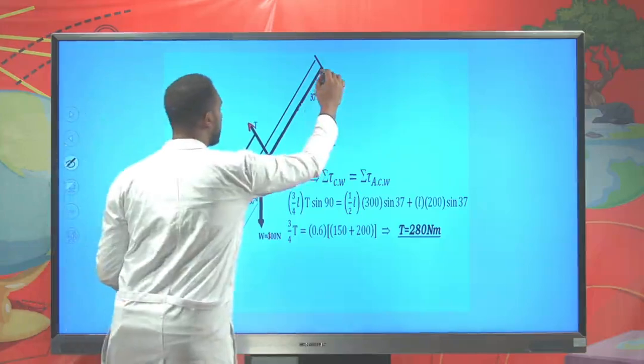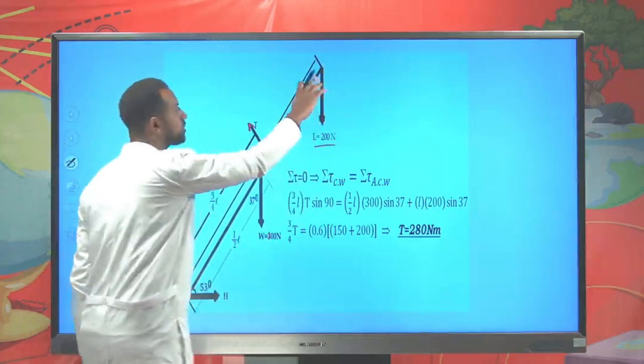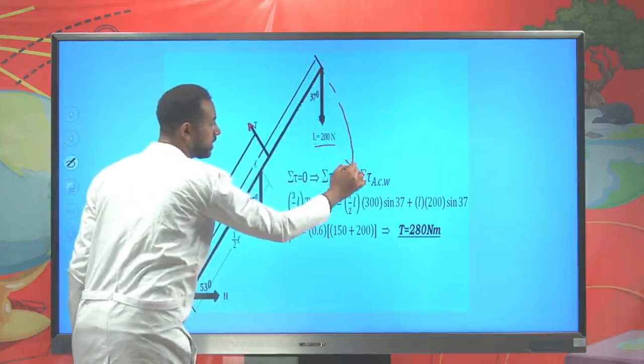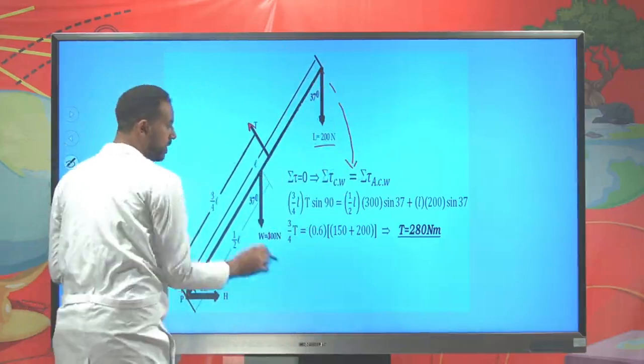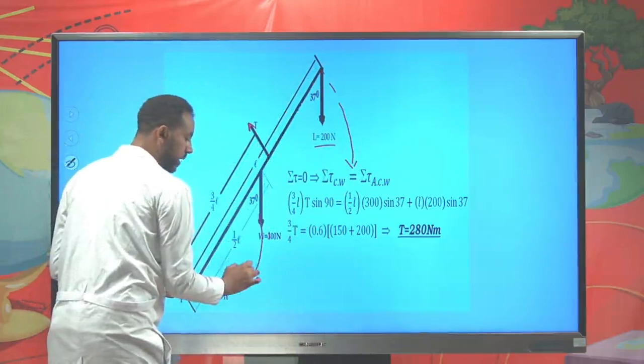Here we have a clockwise torque. Let's assume that this is the pivotal point. This object tends to rotate clockwise. The weight of the bar itself tends to act clockwise again.